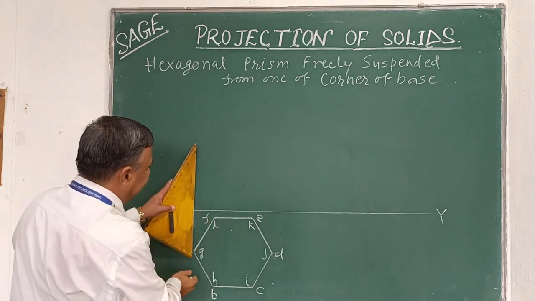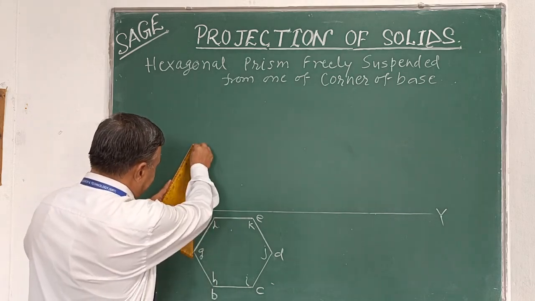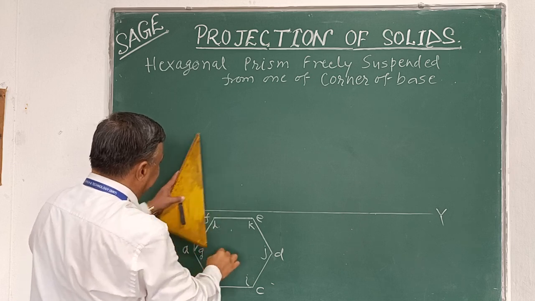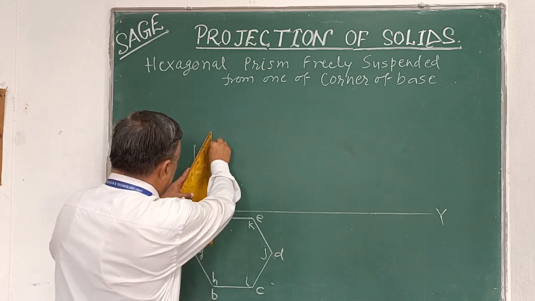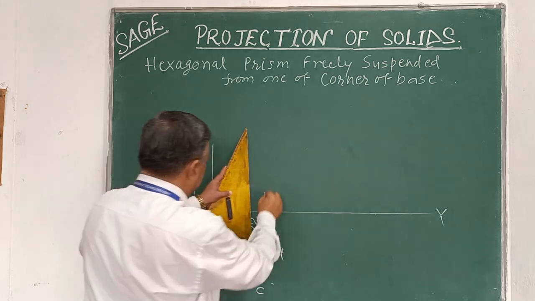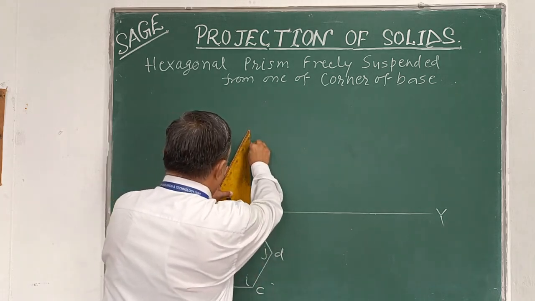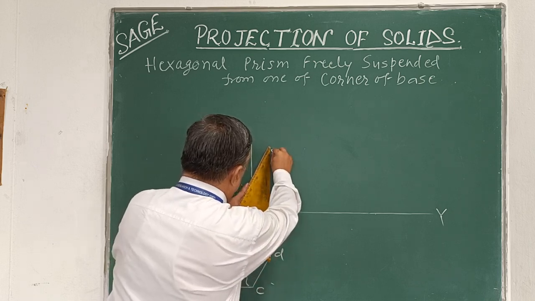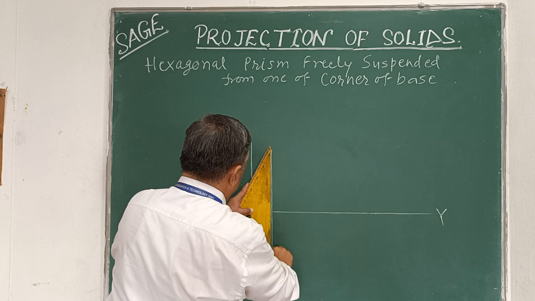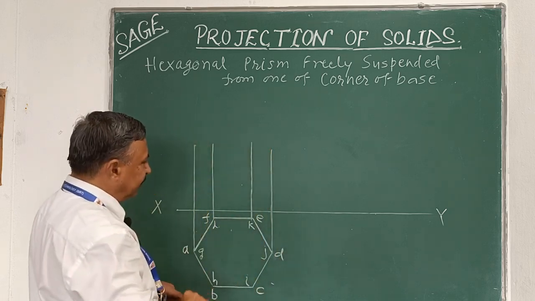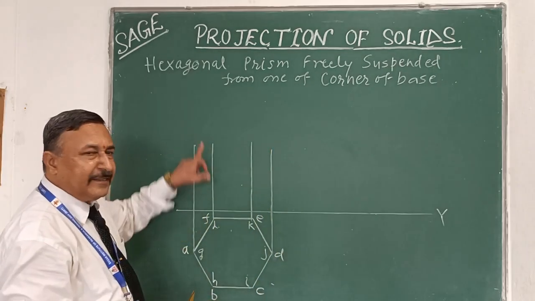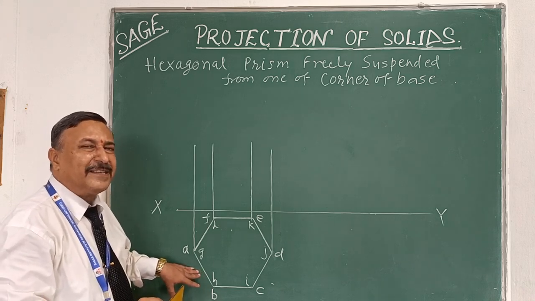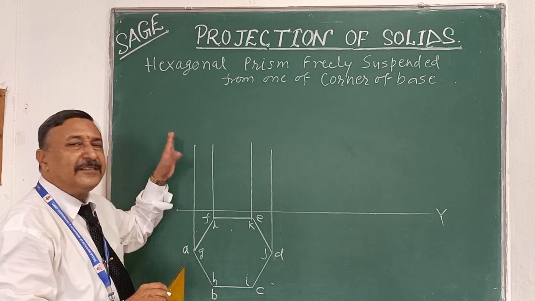Now I project it and complete the front view. So I take a height, suppose the base side is 25 and the height is 50.